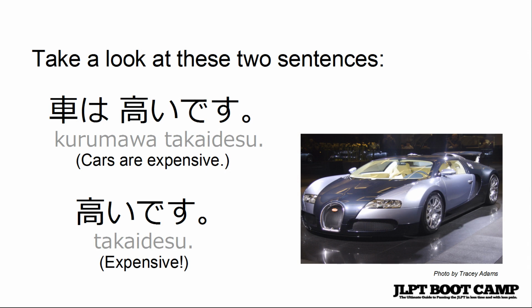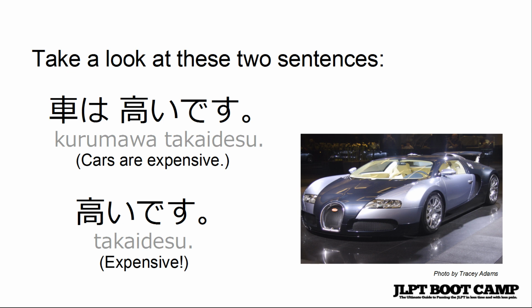And so here it's necessary if you want to just talk about cars in general. But you could also just say takai desu if you're in a conversation where the general topic of the conversation is about cars. Now, why would you have to add kuruma wa?